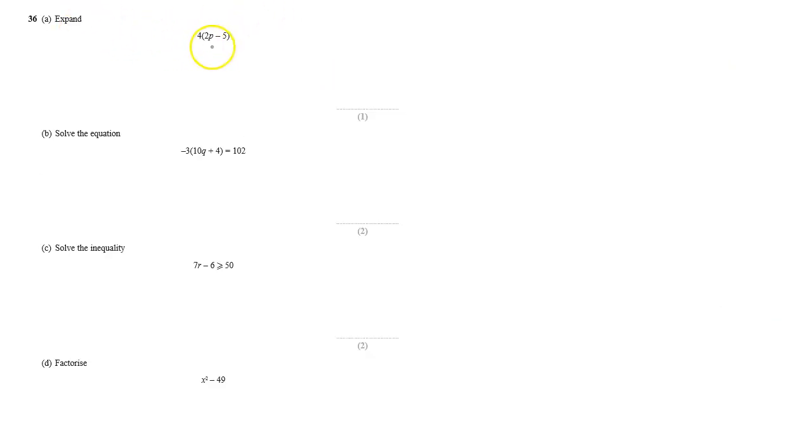Expand means to remove the brackets. If there is any number outside the bracket, you have to multiply by both the terms. So 4 times 2 is 8p, minus 4 times 5 is 20. Same here, minus 3 times 10 is minus 30q, and minus 3 times 4 is minus 12, is equal to 102.